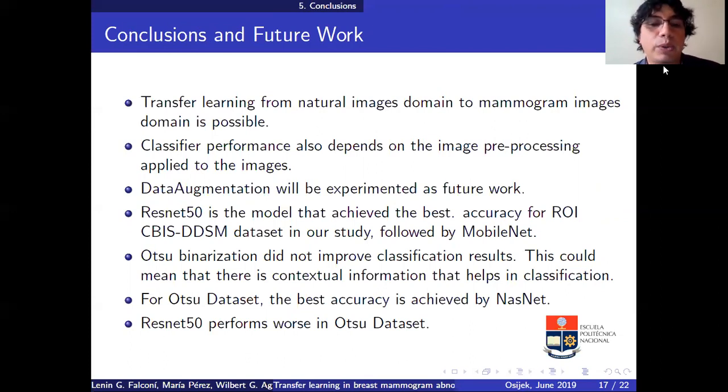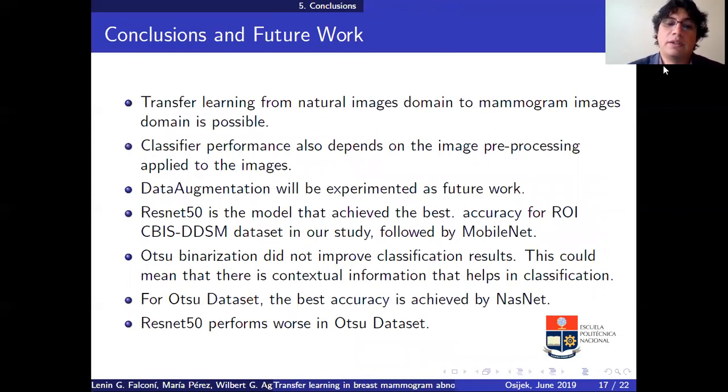And we have what we saw in the last slide, that ResNet 50 is the model that achieved the best accuracy for the raw dataset. Also, binarization did not improve our classification results, which contrasts with another work in the literature where they use binarization, but they also use another couple of techniques which can be the difference in this result.